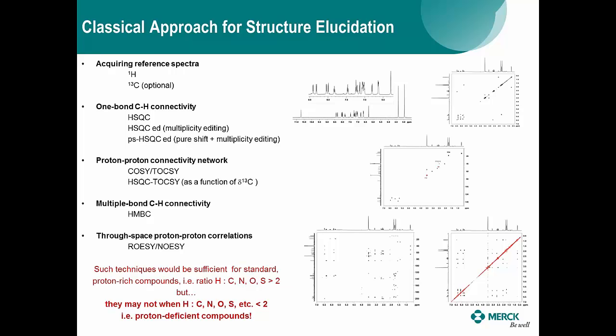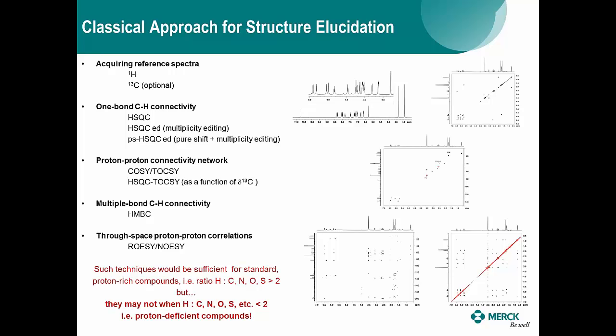We also have proton-proton connectivity network experiments like COSY and TOCSY, and also the HSQC-TOCSY, which is not widely used, but it's a very interesting experiment. We get the information about the proton-proton connectivity as a function of the chemical shift of the carbon nuclide.